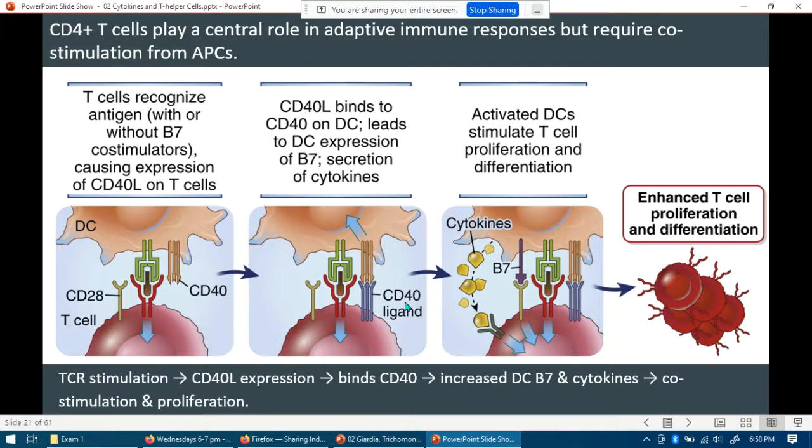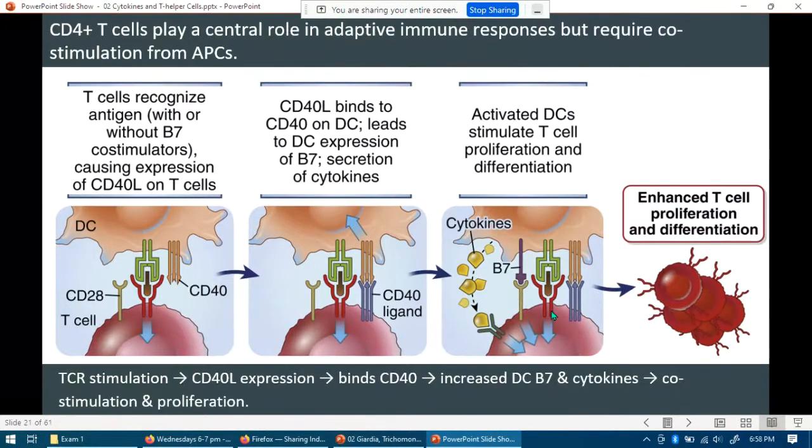Okay, so the CD40 signal, it's mostly thought to just enhance the T cell proliferation response. Okay, it allows better co-stimulation, basically. The difference is, when you knock out CD40, you can still get an immune response. You can still get a T cell response. If you knock out B7 from being able to be expressed, you cannot get an immune response.